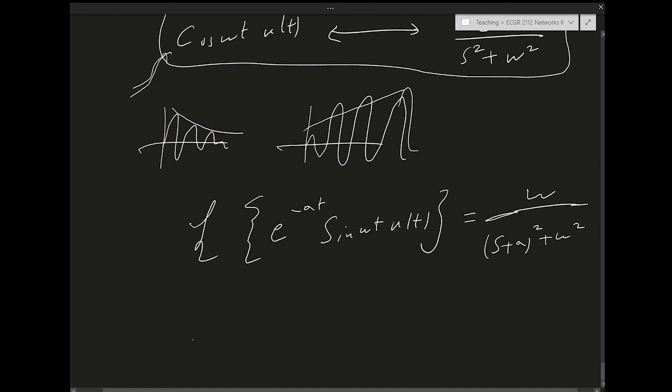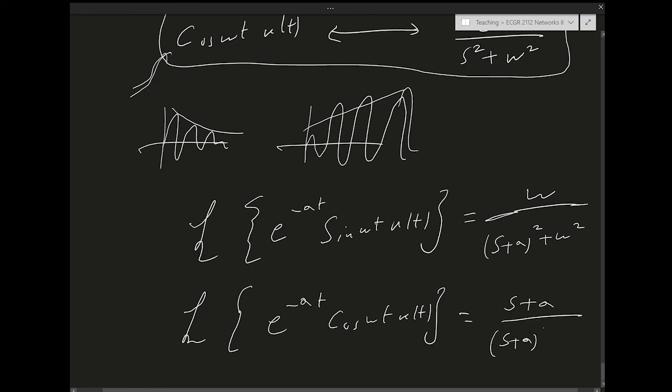And then the Laplace transform of e to the minus at cosine omega t u of t, again, is just a matter of shifting s by a. So it's going to be s plus a over s plus a squared plus omega squared.